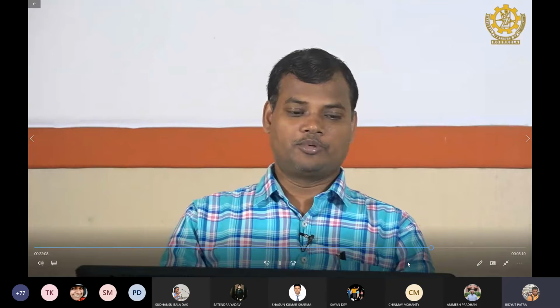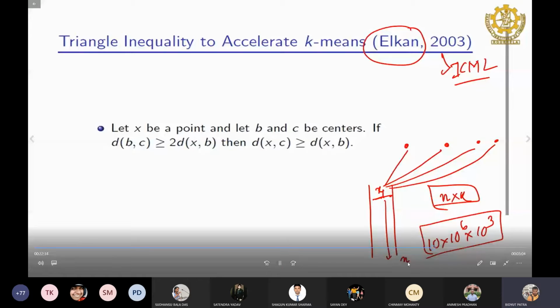Using the triangle inequality to accelerate the k-means clustering approach. So he used the metric space property. As you studied earlier, a metric space satisfies three conditions. The distance function: distance from x to x will be 0, and the distance from any point x to y is always greater than or equal to 0.